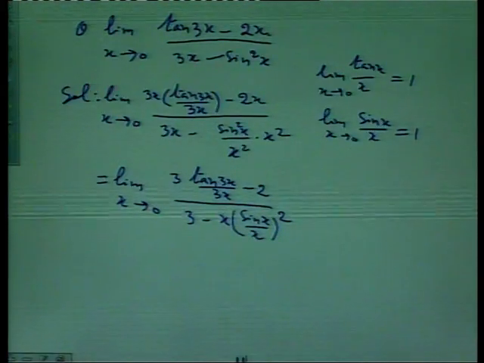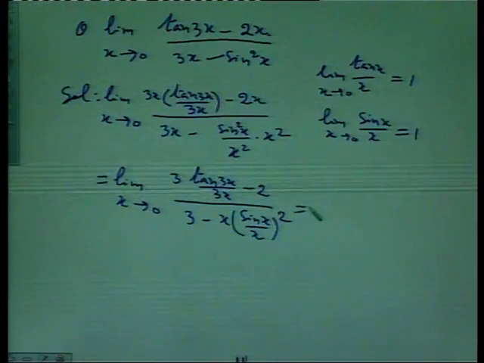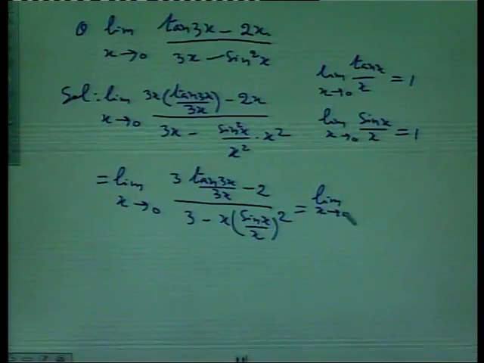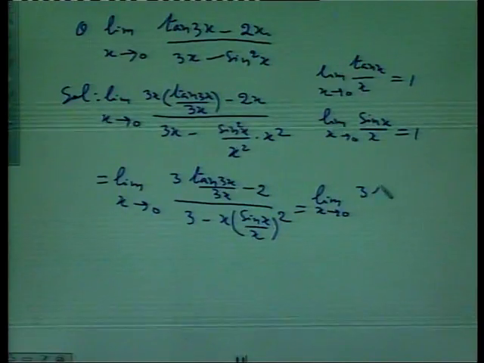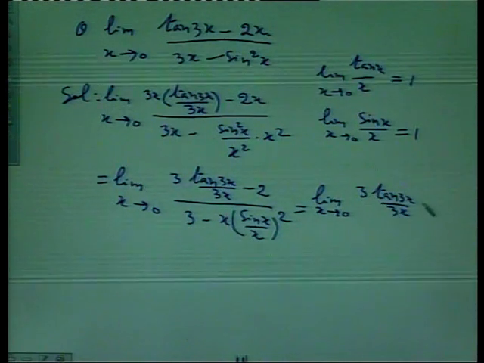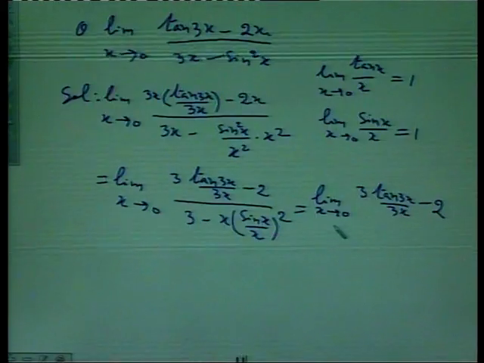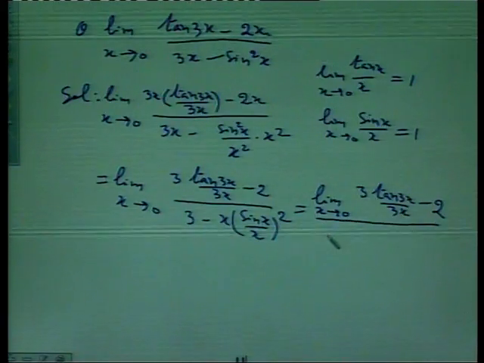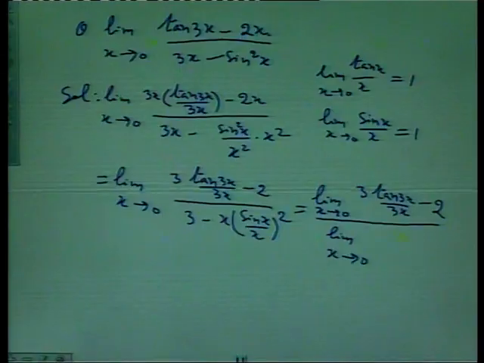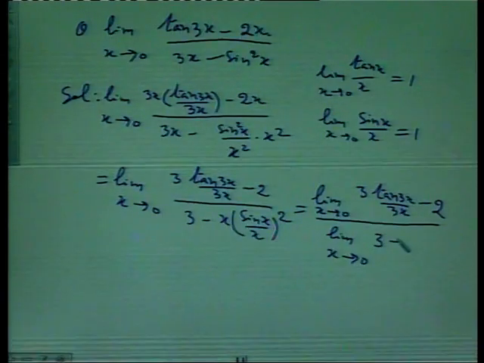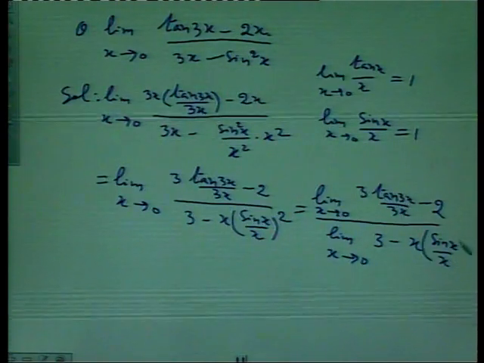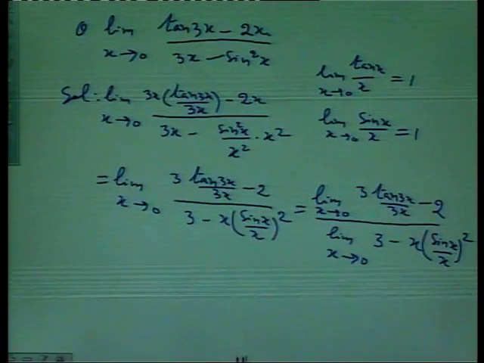And then applying limit of the numerator, x tends to 0, 3 tan 3x upon 3x minus 2, and whole upon limit x tends to 0, 3 minus x, sin x upon x the whole square.